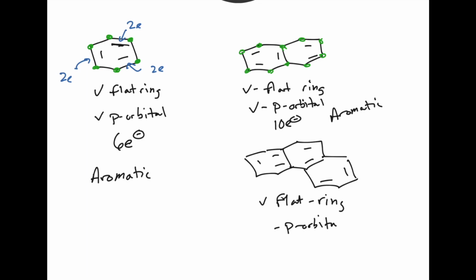Does every atom have a p orbital? Yep, so we're good. How many electrons do I have? 14. Is 14 a 4n plus 2 number of electrons? Yep. So this is aromatic.